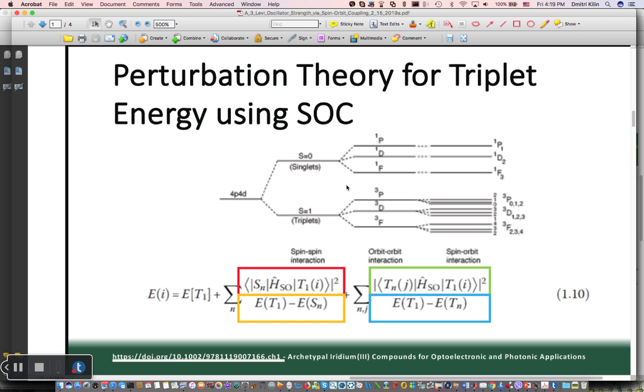So here, this comes from spin-orbit coupling. These are the corrections. So the spin-orbit coupling, the first correction, the second term, means the correction for singlet.